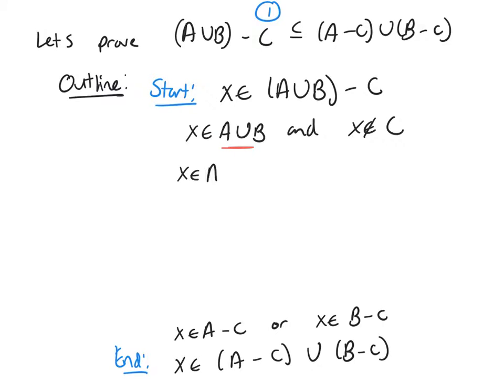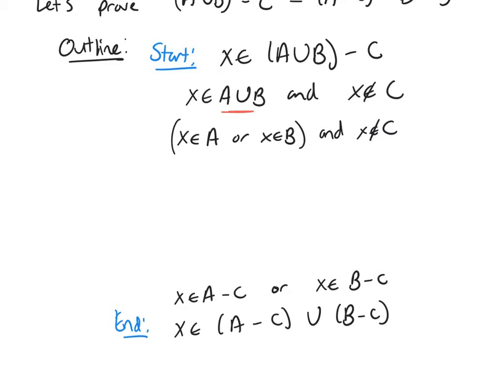So X is in A or X is in B. So here, just like the previous problem, we're going to split up into cases. Case 1 will be X is in A, and then case 2 will be X is not in A.